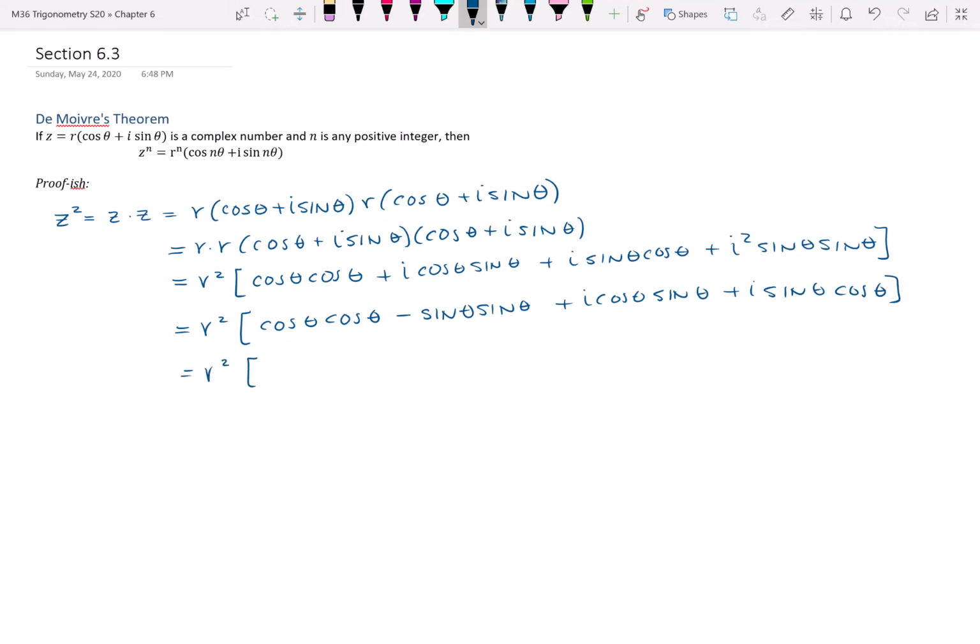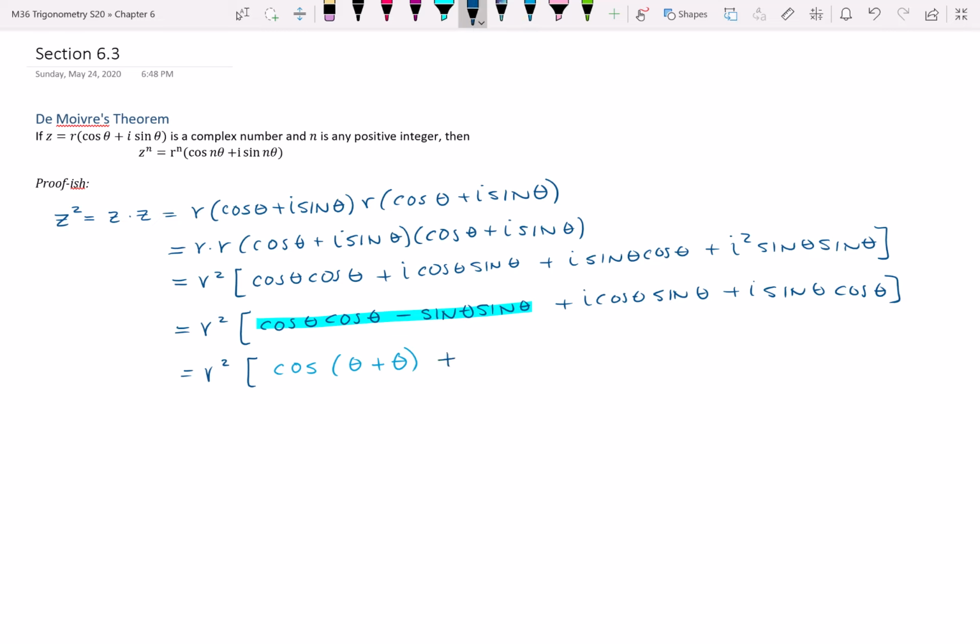And so hopefully you notice that this first part here is actually an identity. This is the cosine of a sum. So this here is going to equal cosine of theta plus theta. Again, this is by an identity.